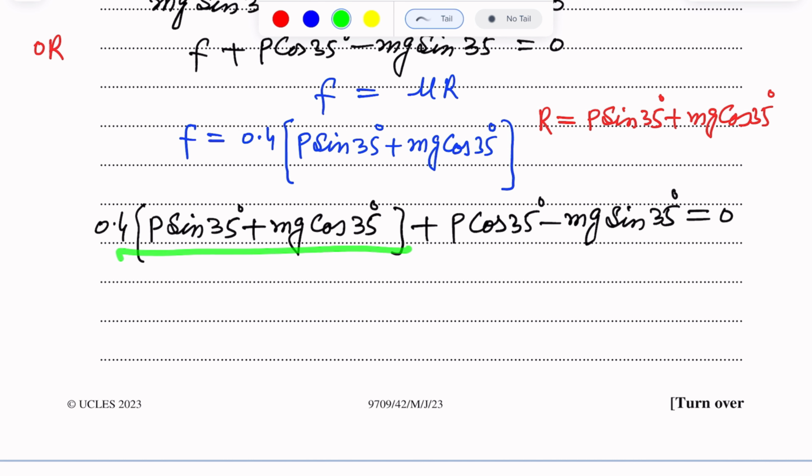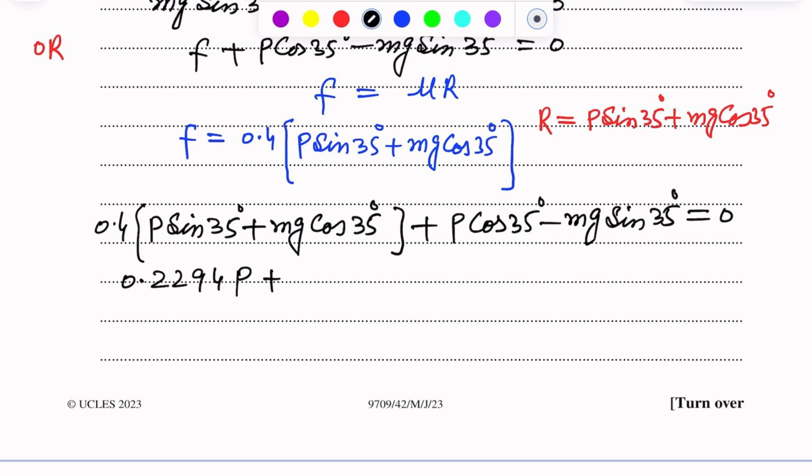Now we will simplify this equation and easily find the value of P. Multiplying 0.4 by the two terms in the bracket, using a calculator, we get 0.2294 P plus 1.966, plus P into cos 35.